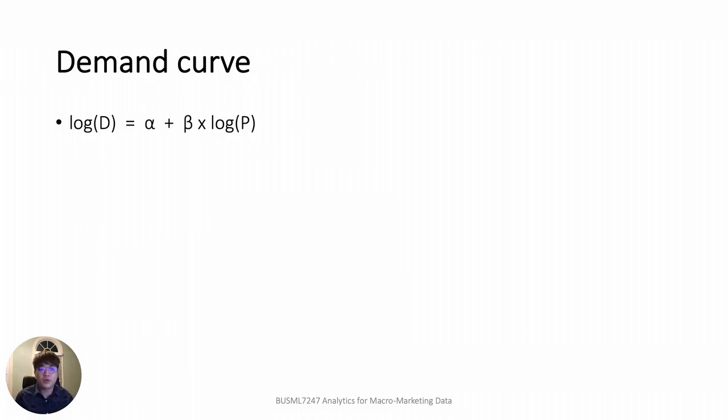Now, I'm going to show a demand curve of an elastic product to illustrate the model's properties. For notation, D stands for demand and P stands for price.